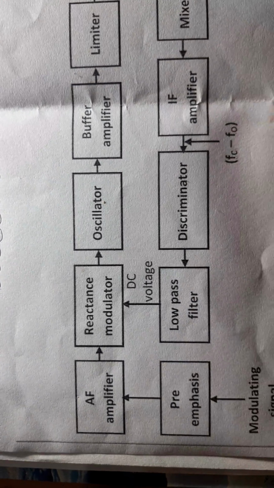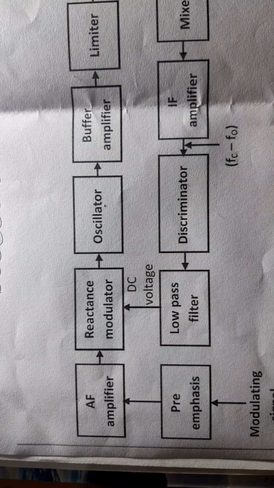You have only a functional block diagram. That is, to transmit the frequency modulated wave, first you have to generate the frequency modulated wave, and you need two signals. One, our message signal, that is voice or speech or any information to be sent.